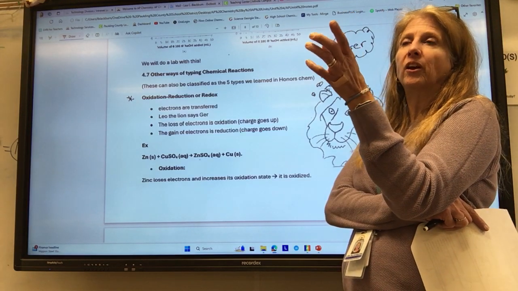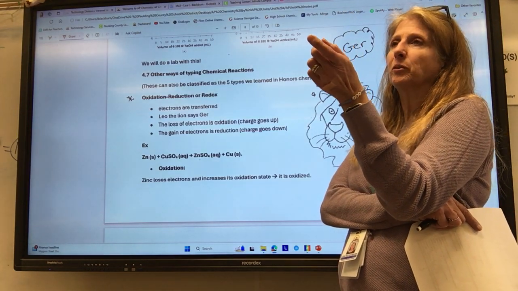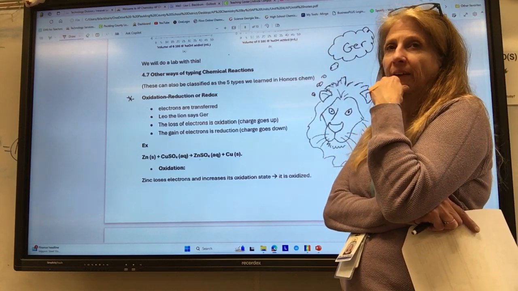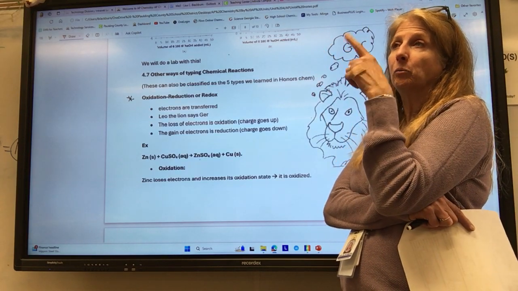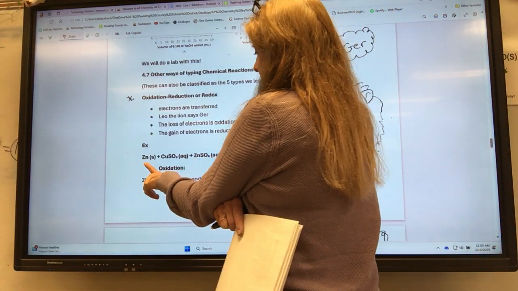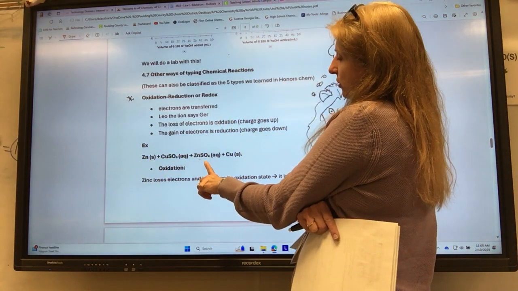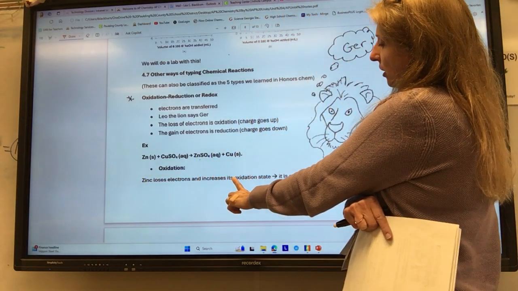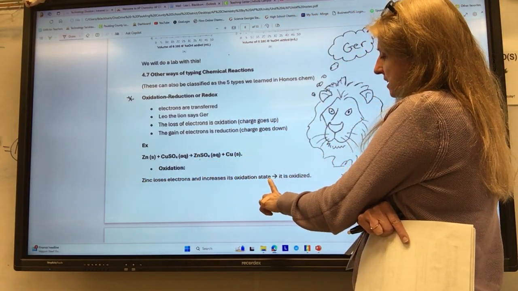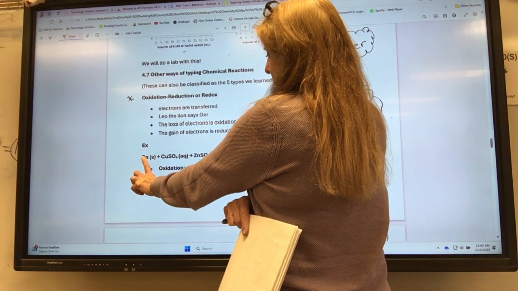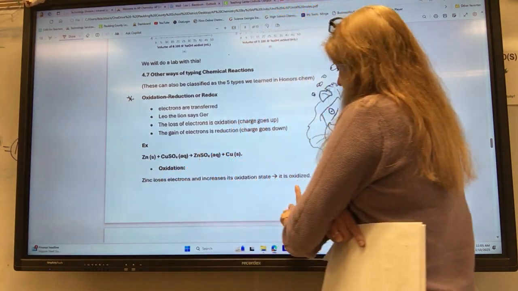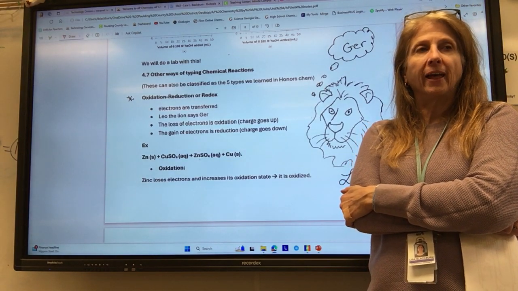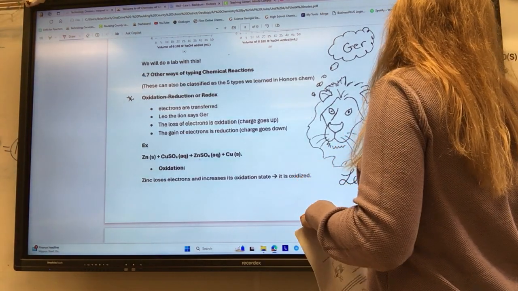Think about sodium. Sodium's a metal too. Does sodium want to gain or lose electrons? It wants to lose, because remember, it wants to be like neon. So this zinc is going to lose electrons. It's going to become positive. So zinc loses electrons and increases its oxidation state. It went from 0 to positive, so it is said to be oxidized. You can get it if you think about Leo.